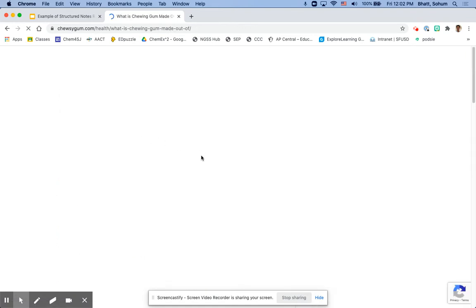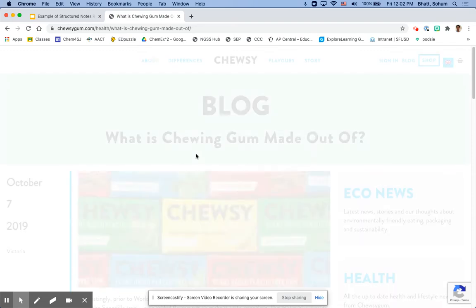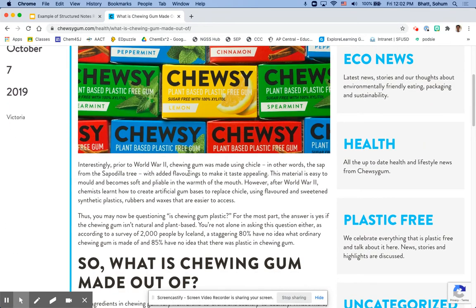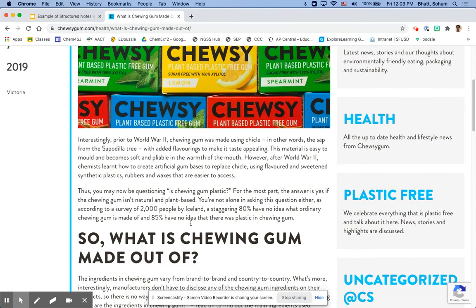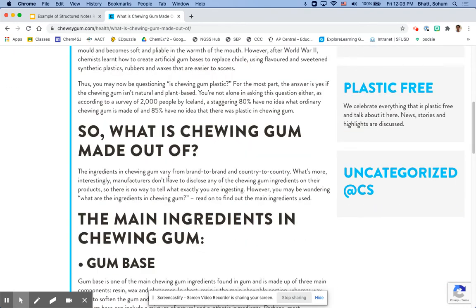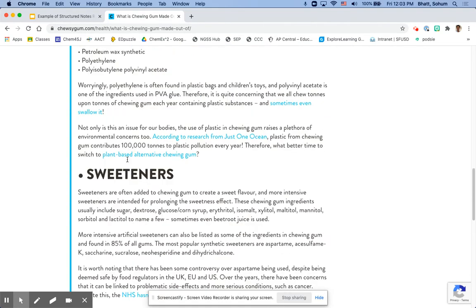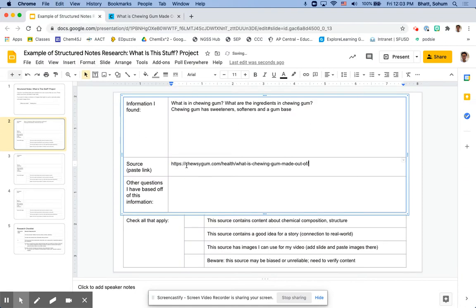Let's wait for that to load, and let's keep reading. Ingredients. So gum base, and then sweeteners and softeners. So we found it from another source that seems a little bit more reliable than Wikipedia. So I'm going to go ahead and put that in there.